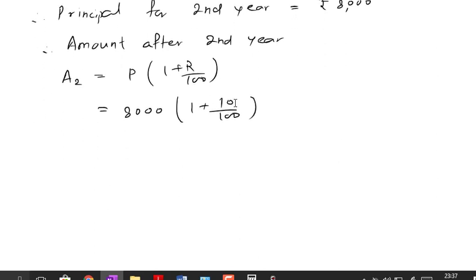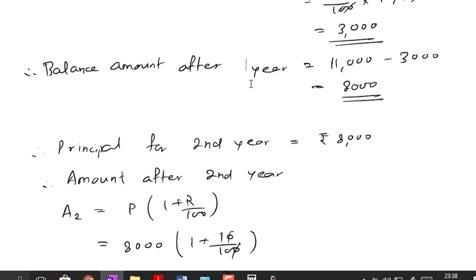So this gives us the answer as 8,000 into 11 upon 10. So this 0 and this 0 cancel, 800 into 11 is 8,800. So 8,800 is the amount after second year.